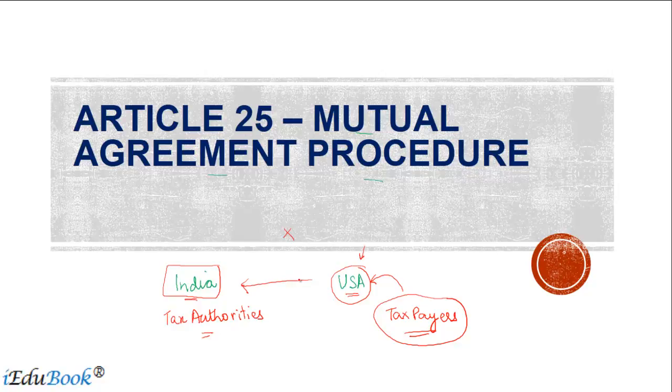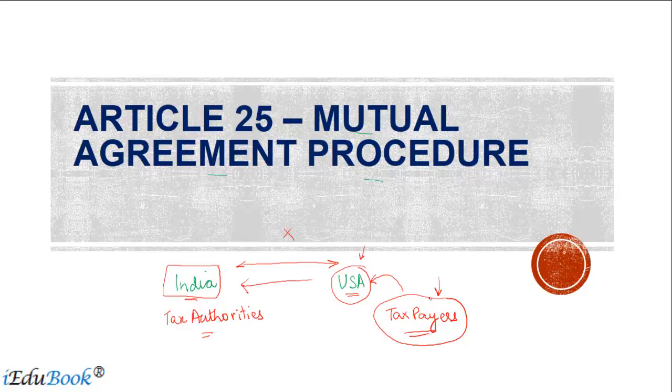And what is done is that as a procedure, the two of these authorities, which is both India and USA, are going to try and interact, meet, present their viewpoint in terms of why the tax treatment which is meted out to a taxpayer may be correct or not, right? And arrive at a decision which is kind of communicated to the taxpayer.